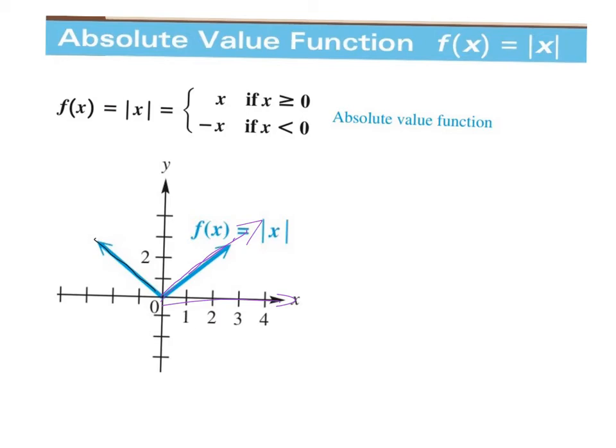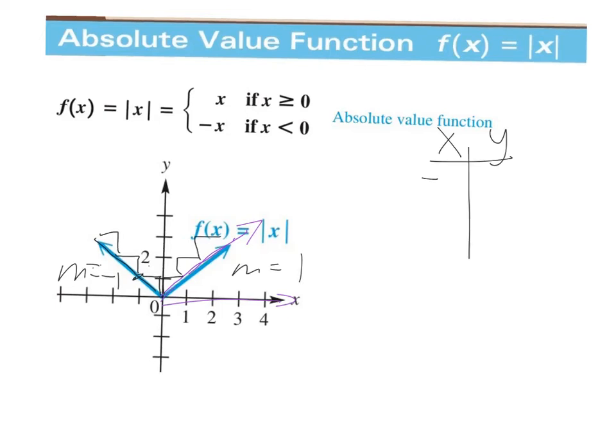For this function, to get from one point to the next, you have to go up 1, back 1, so up positive 1 in the y, back negative 1 in the x, up 1, left 1, up 1, left 1, so the slope would be negative 1 for this branch, and then positive 1 for this one. So the slope would be positive 1 for this side and negative 1 for the other side. That's why it's defined by two different branches.